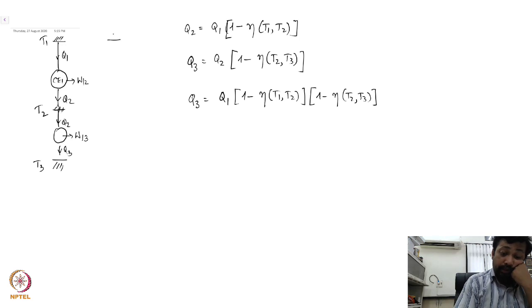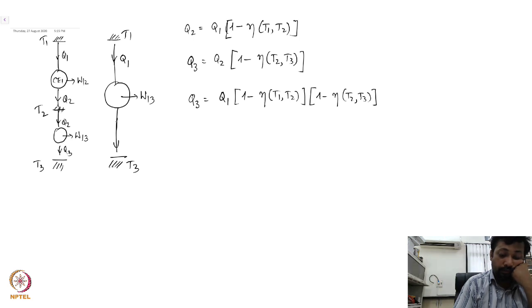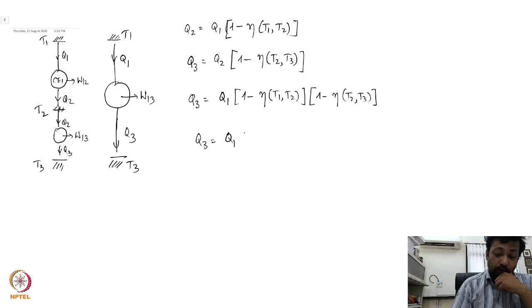But now the combined engine does something like this. And Q3 is clearly Q1 times 1 minus eta T1 and T3.